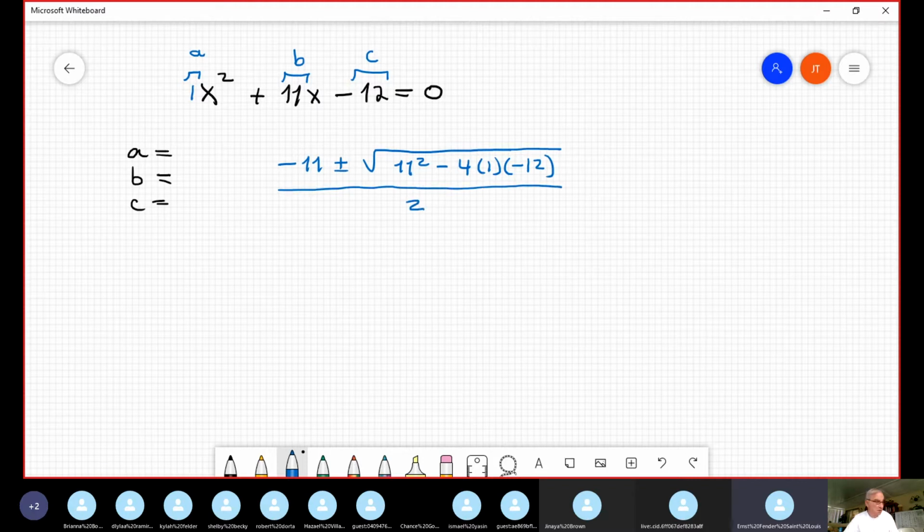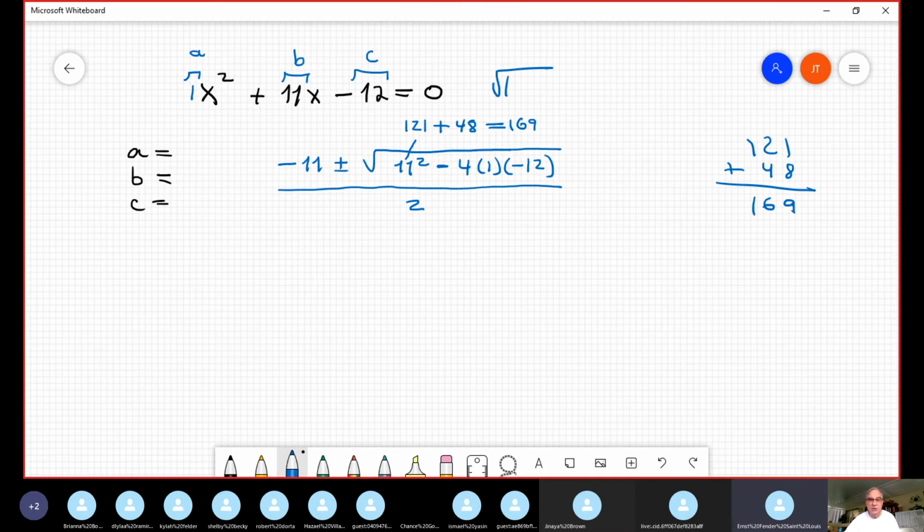Now you put in the calculator: 11 squared is 121, no? Plus, double minus, be careful. And this is 48, no? 12 times 4 is 48. 48 plus 121 is 169.